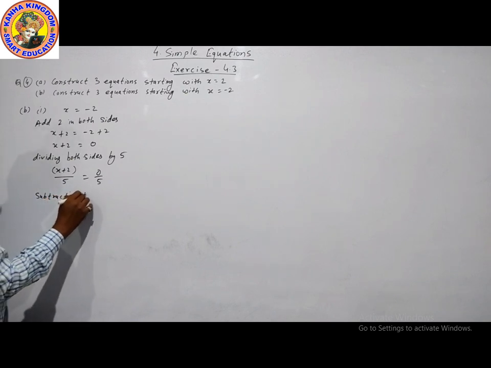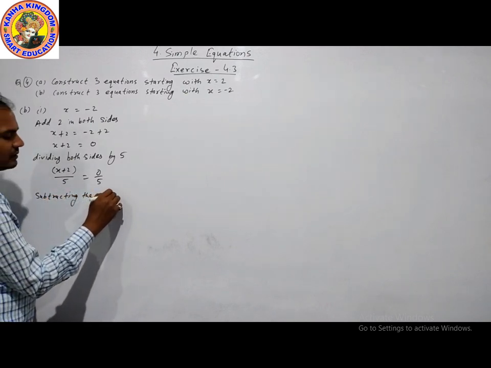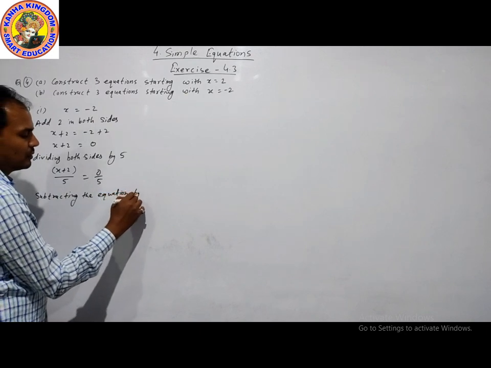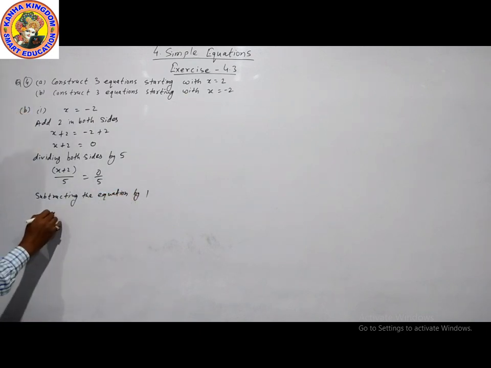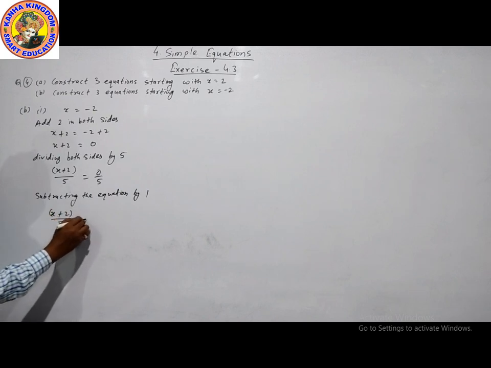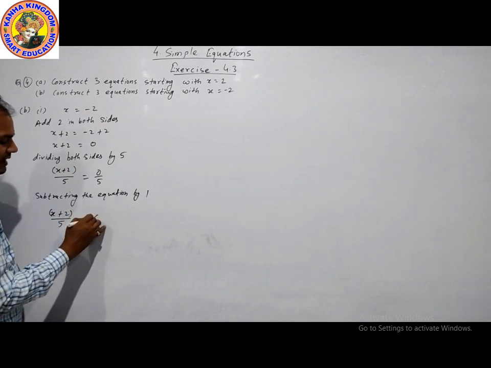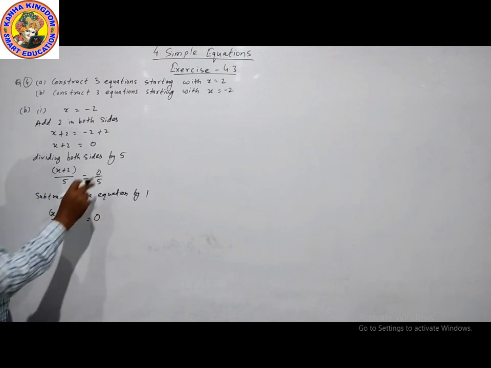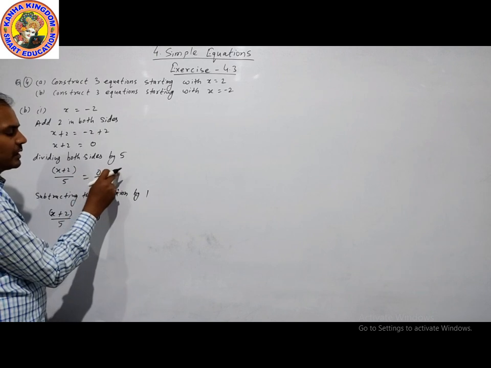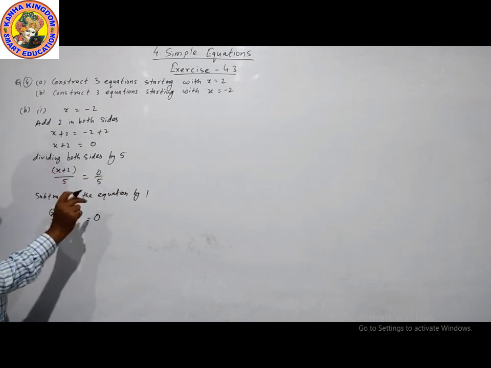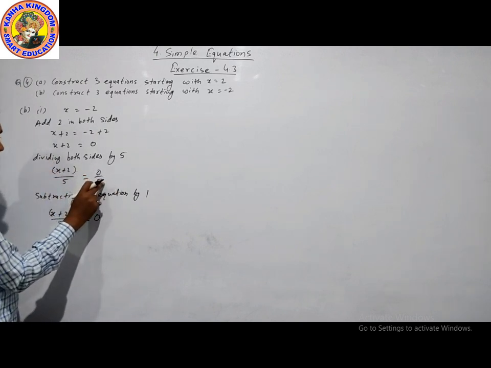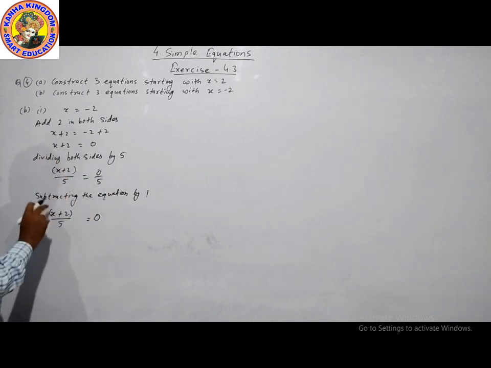Subtracting the equation by 1. The equation is x plus 2, this divide by 5, 0 upon 5, 0 upon 5 is 0. If 0 multiply by any number, the answer is 0. 0 upon any number, the answer is 0.